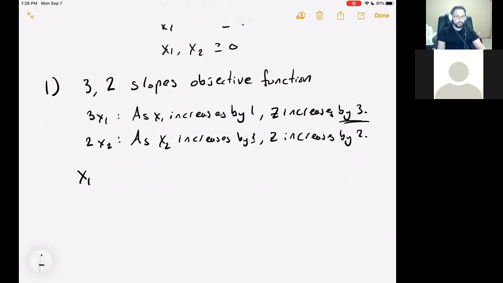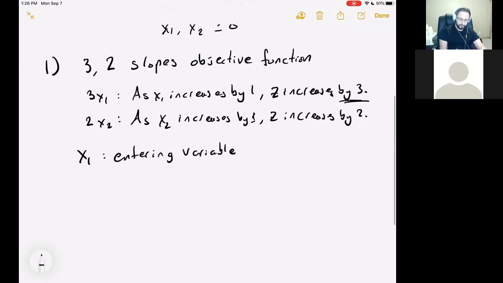In the context of the simplex method, this is going to get a special name. This is called the entering variable. So our goal now will be to increase x1, hoping that it increases z as much as possible.